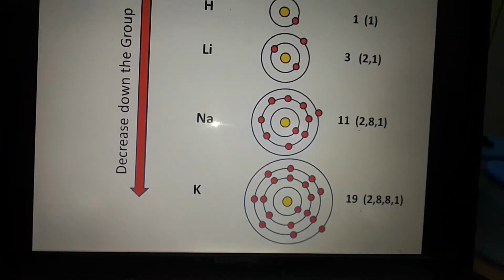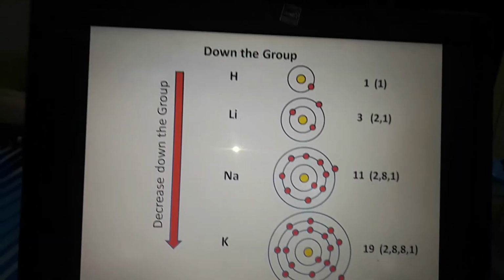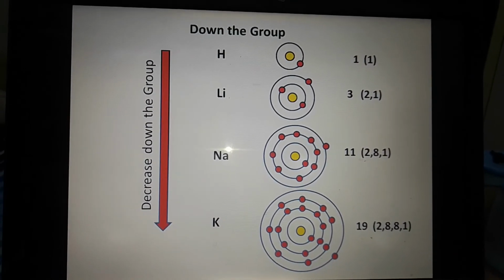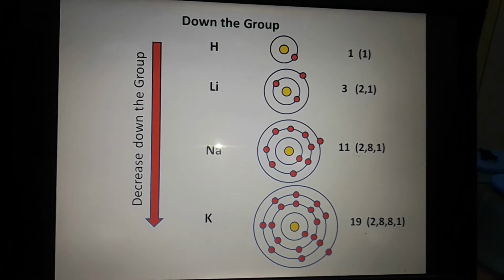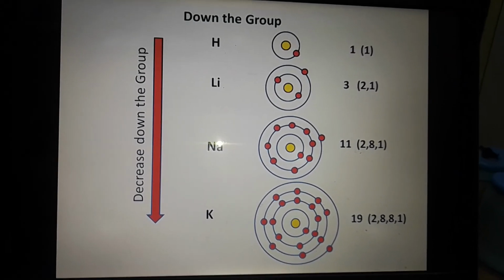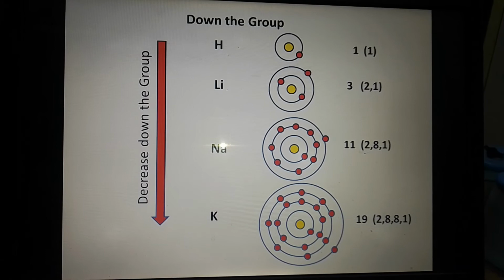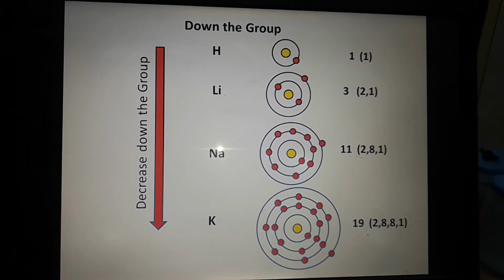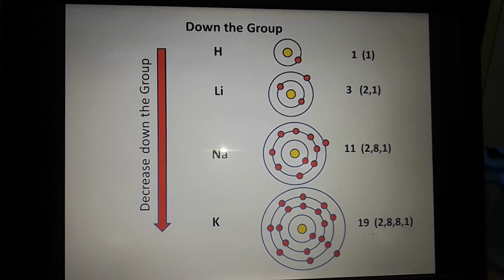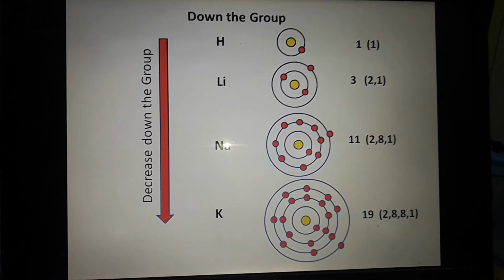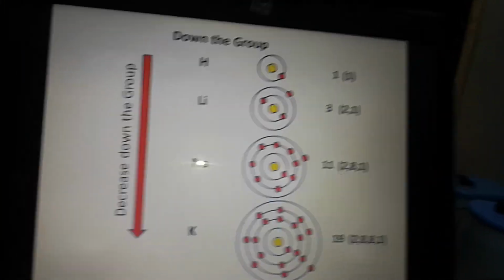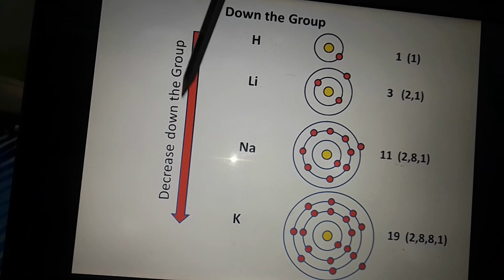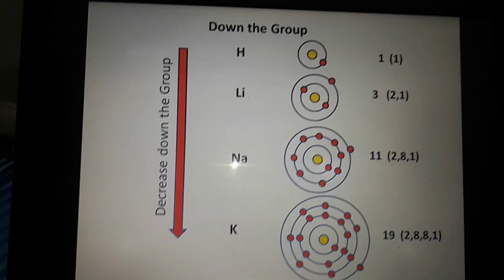As we see the electronic configuration, hydrogen contains only one shell, lithium 2 shells, sodium 3 shells and potassium 4 shells. The distance from the nucleus to the outermost shell increases as we go down the group from hydrogen to potassium, and the atomic size goes on increasing.